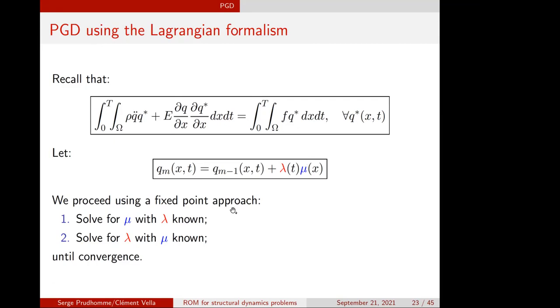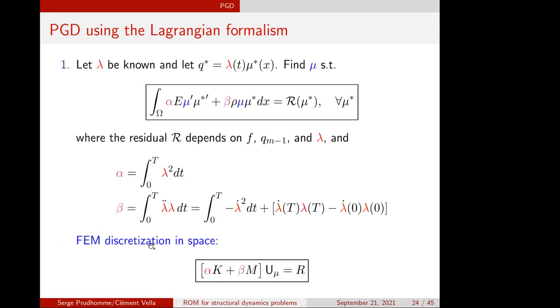First, we solve for mu, assuming that we know lambda. And then we solve for lambda with mu known. Basically, this is an iterative process, and we do that until convergence. I'm going to show you here the details.